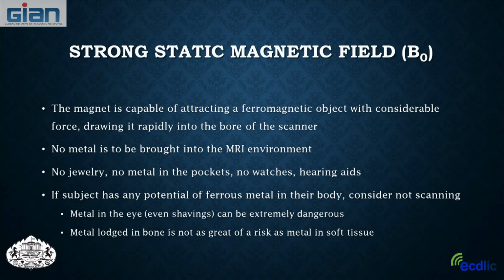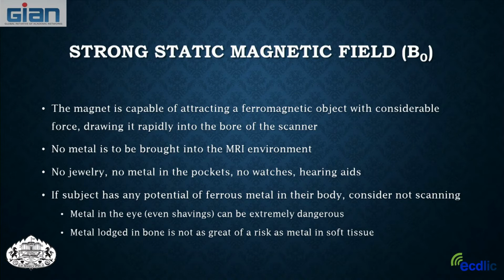And you know that non-ferrous metal won't be attracted to the magnet, but this metal can also heat. So also, when people tell you it's non-ferrous metal, sometimes you're not 100% sure. So if somebody has metal in their body, like a rod or a screw in a bone, we like to get their medical records and the doctor's report stating what type of material it is and that it is MR safe.